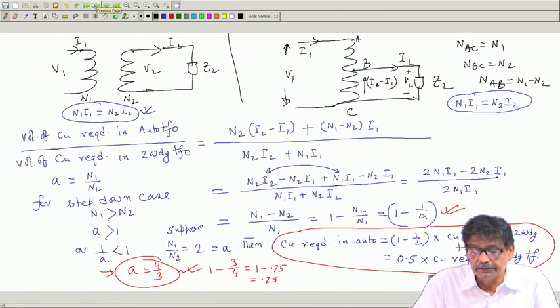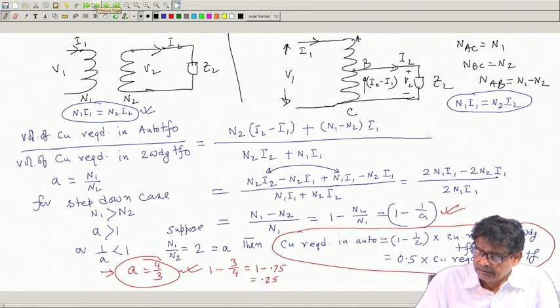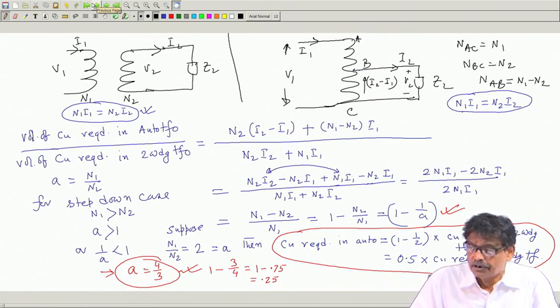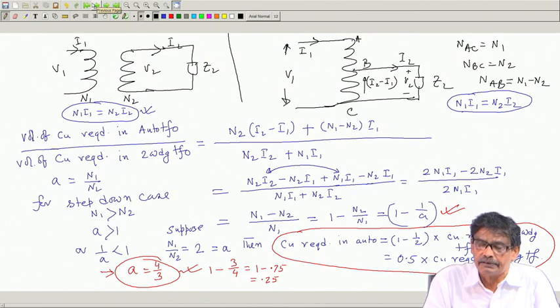Two options are there. It looks like either of them can be done, but I told you that if you use an auto transformer, then the copper required will be less compared to the copper required in a two winding transformer, always less.